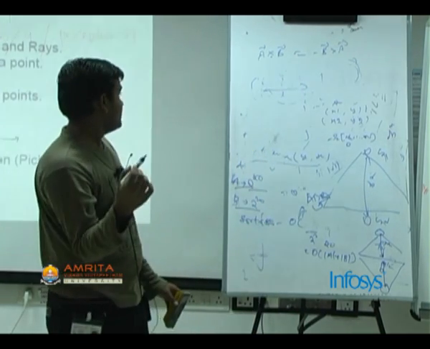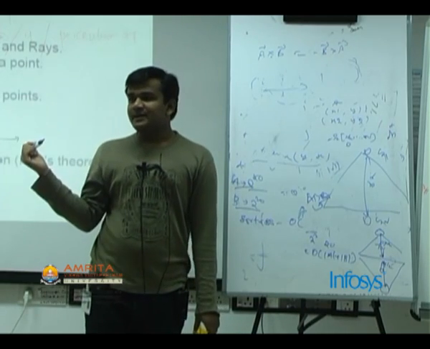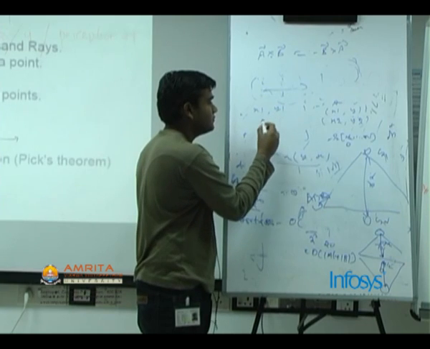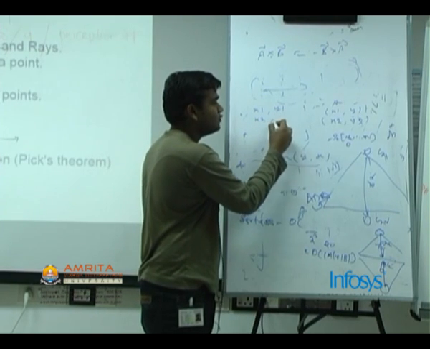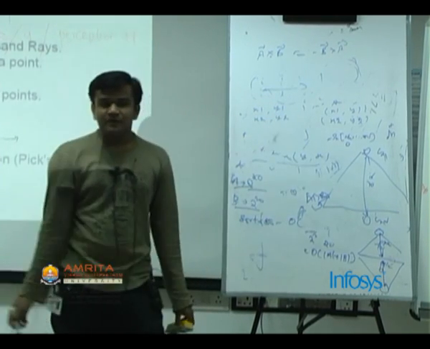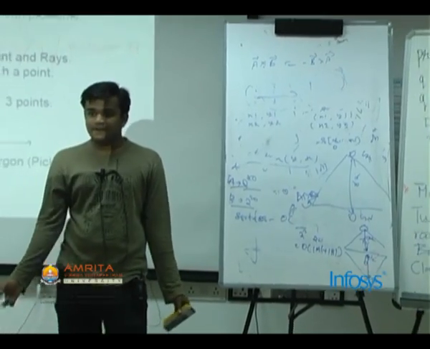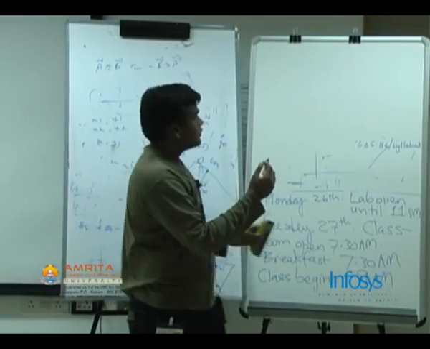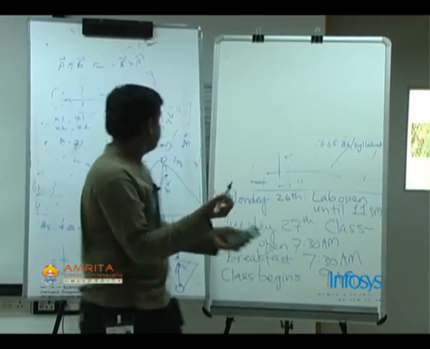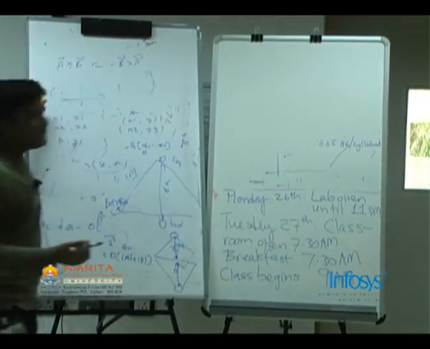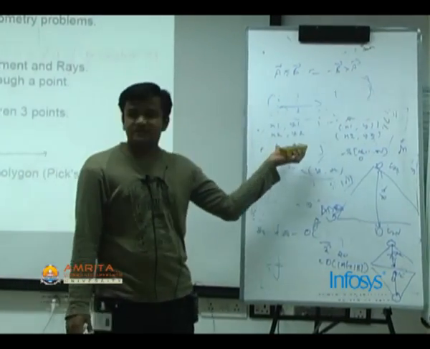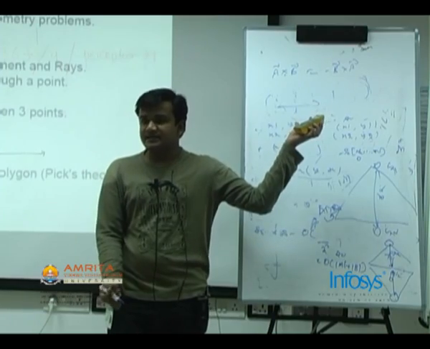So let's say the points which represent the line are x1 y1 and x2 y2, and the point for which we are trying to calculate the distance is x comma y. So the first method is to get the equation of the line in the form of ax plus by plus c and put this x, y in that equation. That gives you the distance.